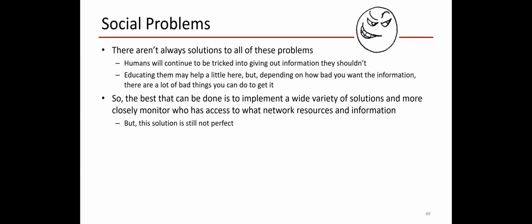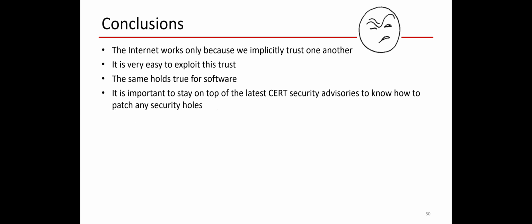So Office Space is the movie, and there isn't always a solution for all of the problems, meaning you have to be cautious. The best that can be done is to implement a wide variety of solutions, but more closely monitor who has access to that resource and information.